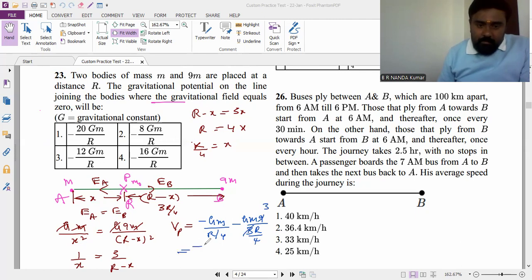So minus Gm divided by R by 4 common. So 1 plus 3 is 4. Gravitational potential at P is minus 4 into 4, that is 16, so minus 16 Gm divided by R. Minus 16 Gm by R. The right answer is fourth option.